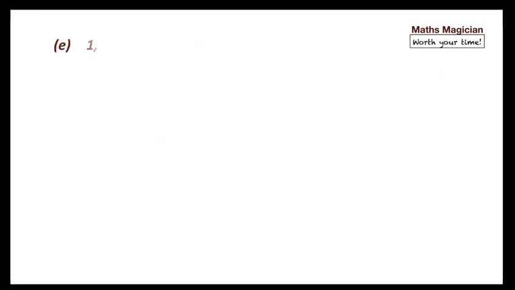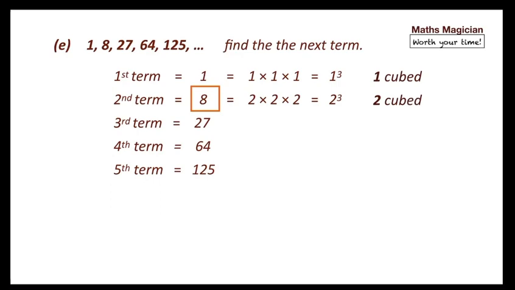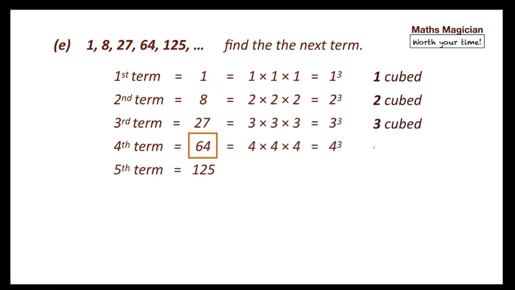Now for the sixth sequence, we have to find the next term. We write the terms of the sequence. By looking at these numbers, we recognize that these are cube numbers, and we can write them as: 1 can be written as 1 cubed, 8 as 2 cubed, 27 as 3 cubed, 64 as 4 cubed, 125 as 5 cubed.